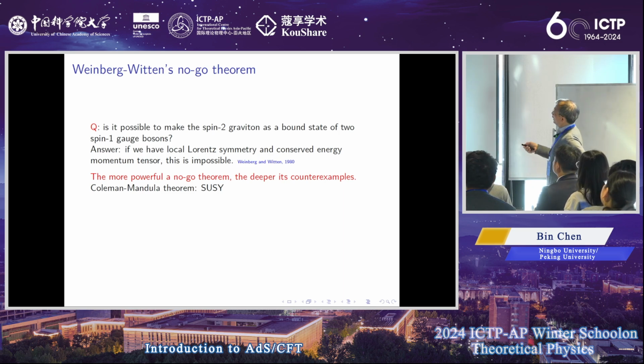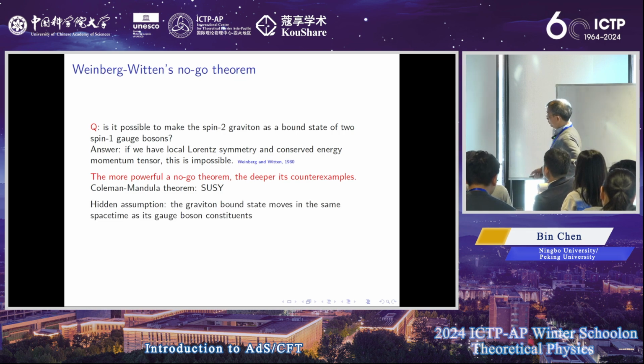There is an underlying assumption of this no-go theorem: that the graviton bound state moves in the same spacetime as the gauge bosons that constitute it. So if we consider a four-dimensional gauge field theory, this theorem forbids the graviton bound state in 4 dimensions.